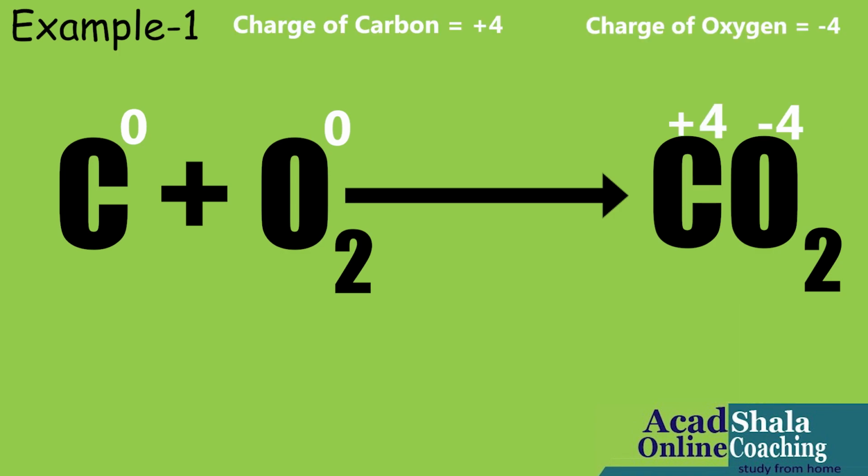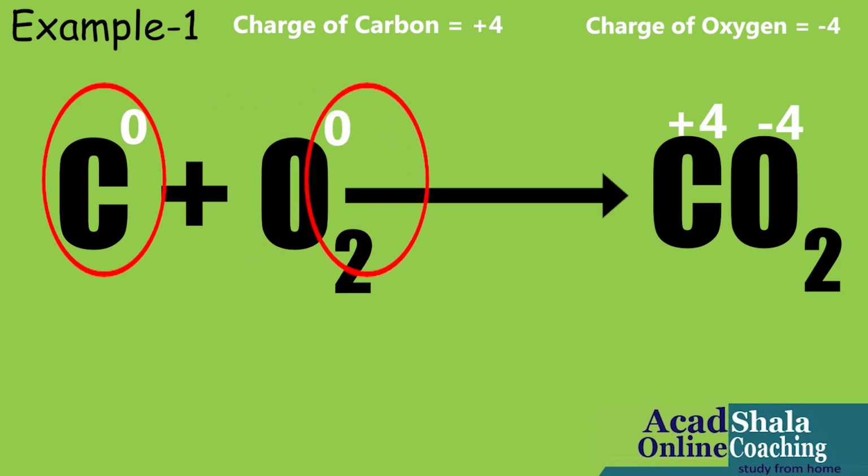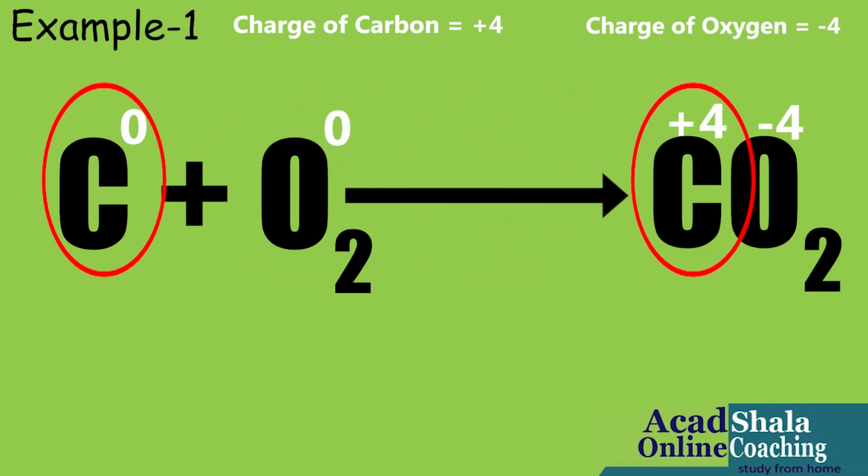Now my next step, I want to know what is happening in the reaction: oxidation or reduction. This is my first point to do. Okay, let's see. Now, carbon is having 0 charge. It is getting converted into this, which has a charge of +4. Now, +4 means, according to chemistry, it is behaving as a loss of electron, because plus is written over there.